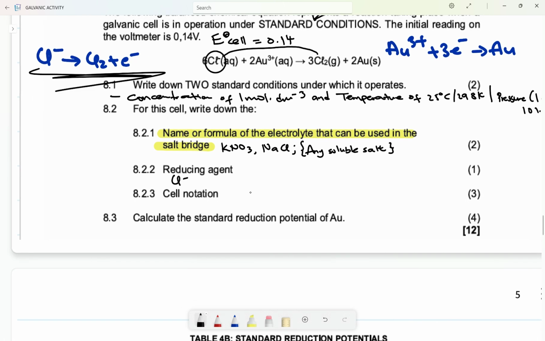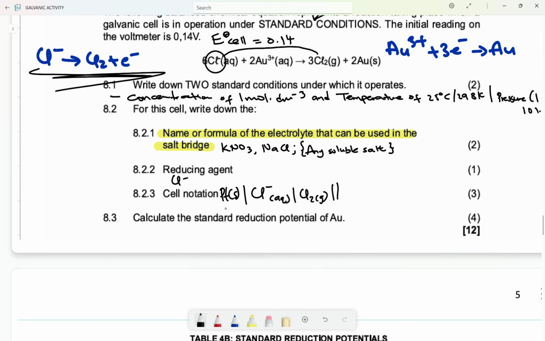So it is Cl minus, which is just aqueous, and then it moves to Cl2, which is my gas. But remember, I said when I have a gas, since there is no solid, I need to put my platinum electrode.